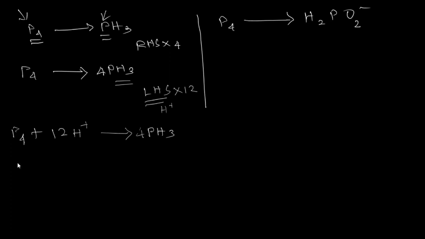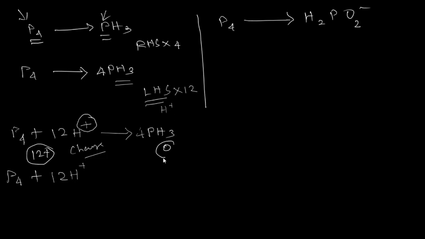So now the hydrogen is balanced, but the reaction is not yet complete. We have to balance the charge, that is, the electrons. We have 12 H plus, so by adding 12 electrons, we will balance the reaction. That is, P4 plus 12 H plus plus 12 electrons gives 4 PH3.